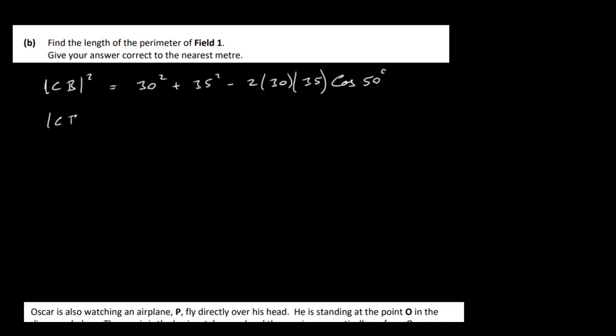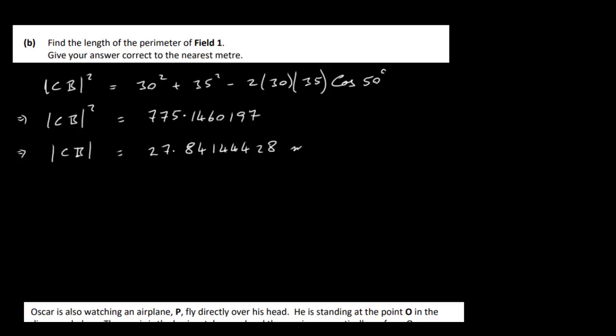So the distance from C to B squared is going to be 775.1460197. So that means then that the distance from C to B is the square root of that, which is 27.84, and that's in meters.